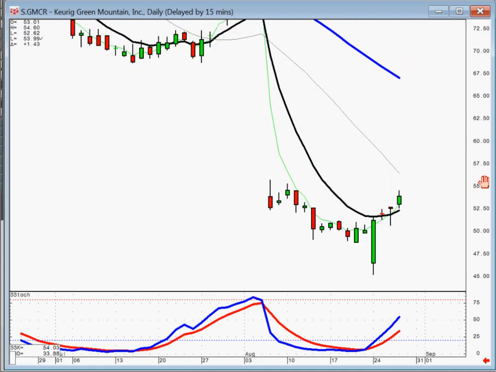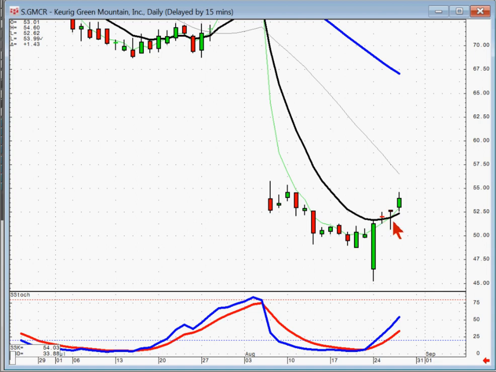That's kind of what I did on GMCR. Yesterday it opened positive, but immediately started selling off, and then came back up and did a doji. Today we could see that the futures and the market were opening positive, and this was opening positive, so we were buying on the open today.